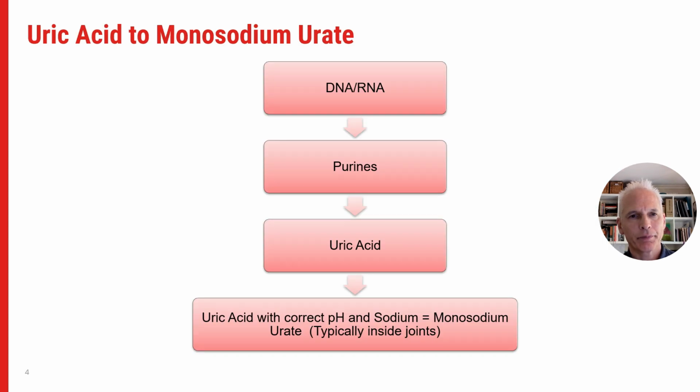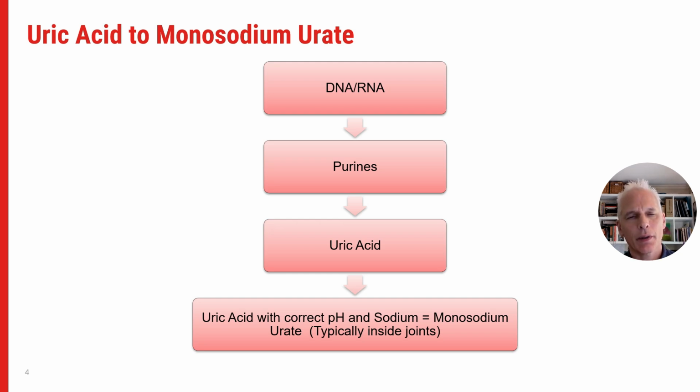So we'll move on. Just a very quick overview, we'll go into this in a little more detail soon. We want to know where the uric acid comes from, and essentially uric acid comes from the breakdown of DNA and RNA. DNA and RNA in all of the cells that are digested have in between them something called purines, which form part of your chromosomes.